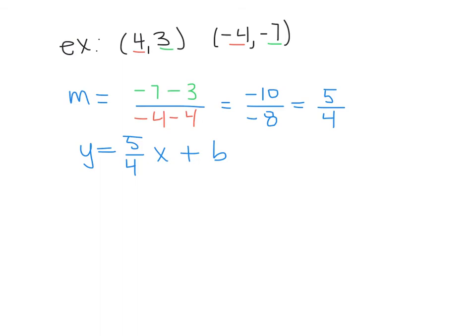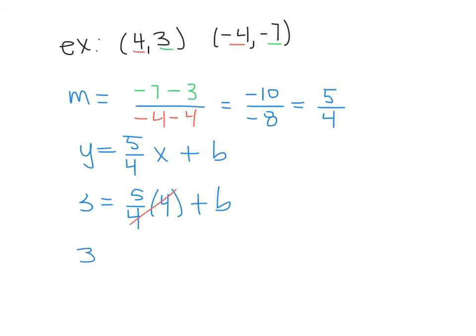All right, so let's take the first point. So we're going to replace the y with a 3 and replace the x with a 4, and we're going to solve for b. All right, so the 4's are going to cancel out nicely, so those go away.